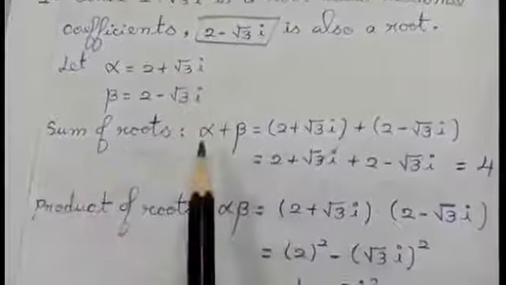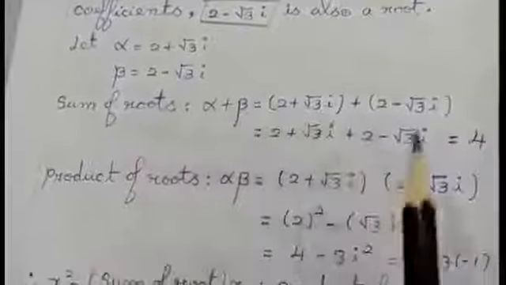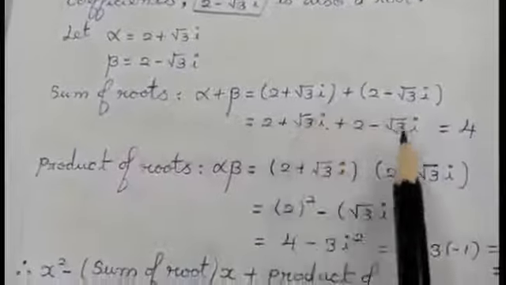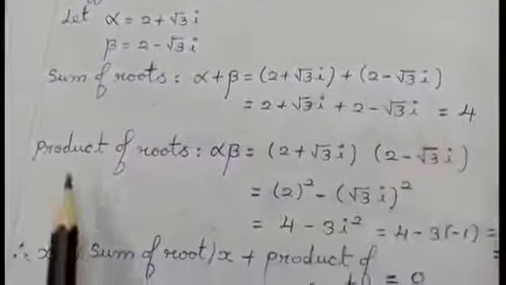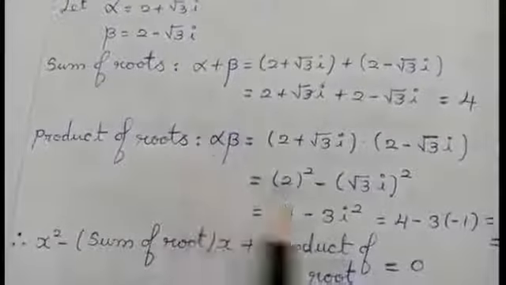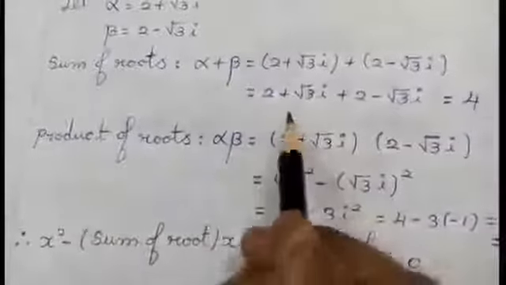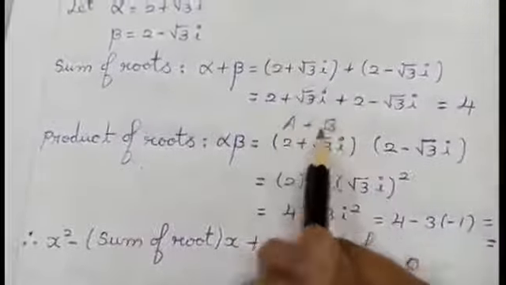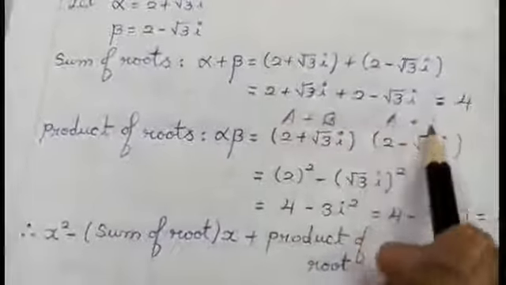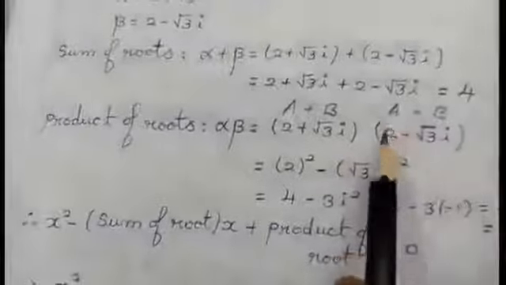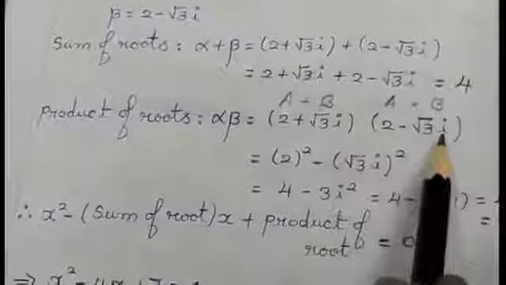Sum of roots, you add these two values. The imaginary part will get cancelled. You will get the answer as 4. Product of roots, alpha into beta. It is of the form a plus b into a minus b. Here the value of a is 2 and b is root 3i.